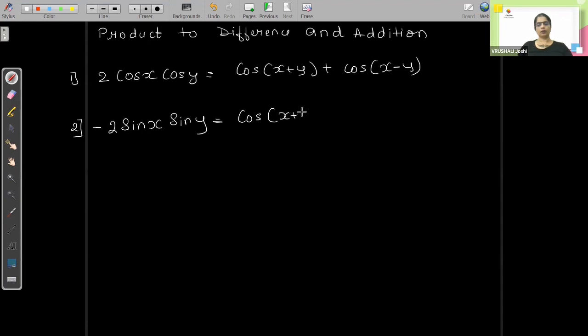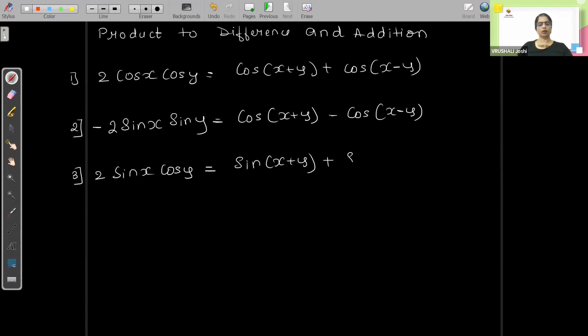Cos x plus y minus cos x minus y. Then we have 2 sin x cos y. This is equal to sin x plus y plus sin x minus y.